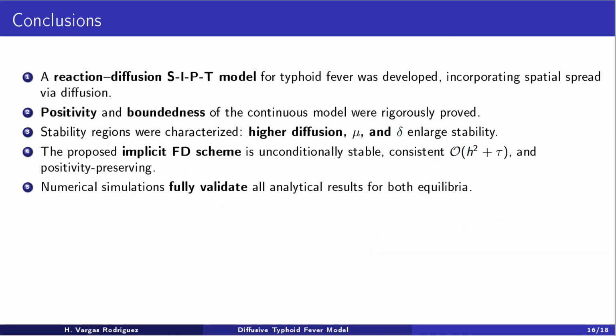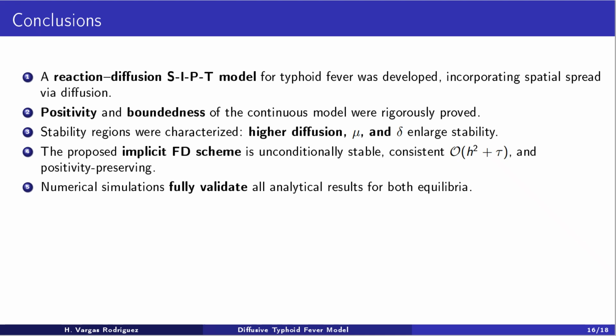Let me summarize our findings. A reaction diffusion SIPT model for typhoid fever was developed, incorporating spatial spread via diffusion. Positivity and boundedness of the continuous model were rigorously proved. Stability regions were characterized.